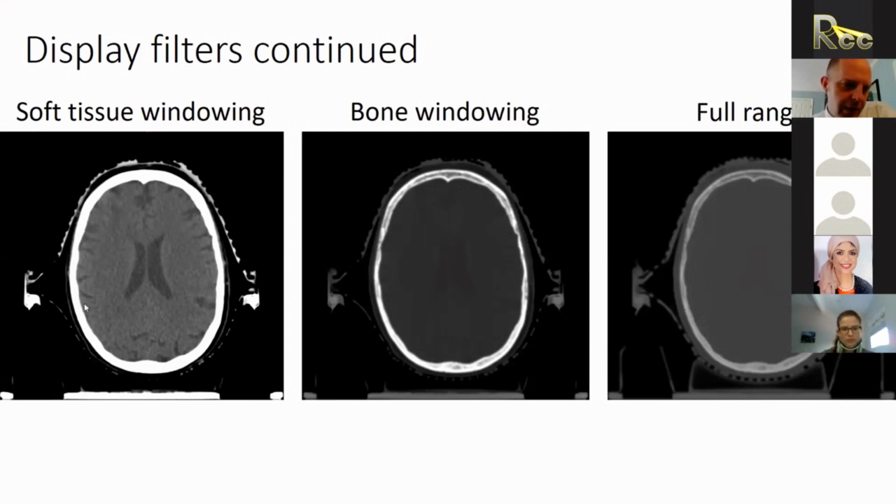And then there's a gradient in between. Whereas up here, it may be more like 1200 to 2000, as black to white. And here it's 0 to 2000. So basically, how you relate your intensity on the screen to the actual intensity of the image, that's what we mean by the windowing or the filters.